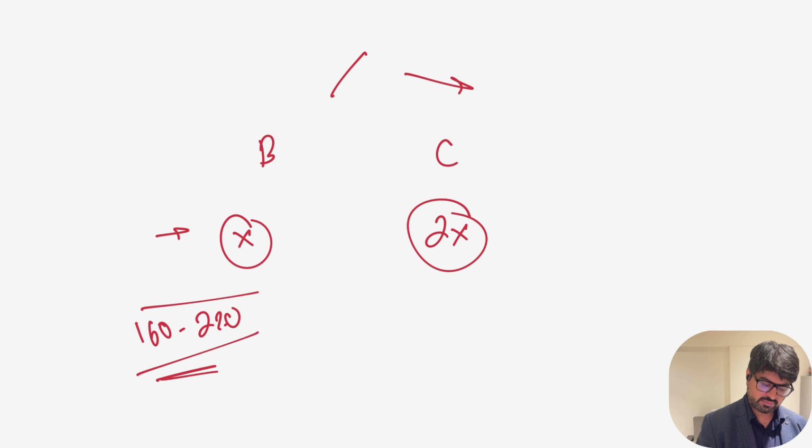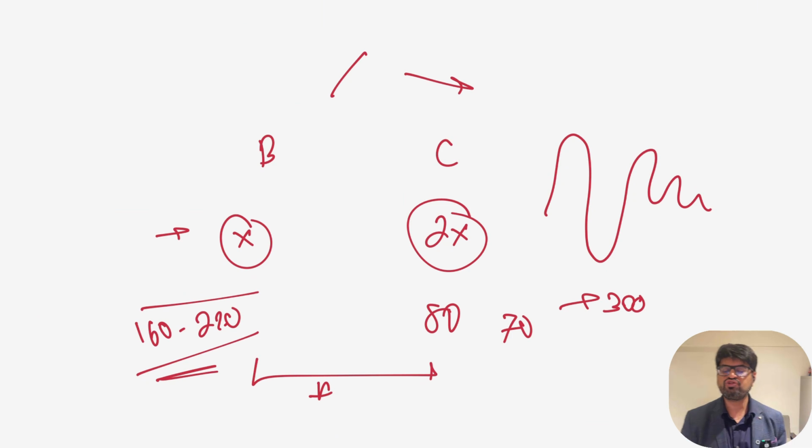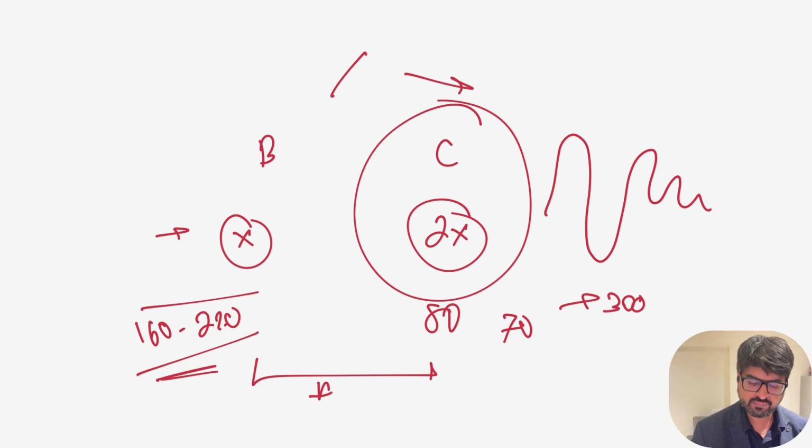But in patient C, sometimes the blood sugar is 80, sometimes it is 70, and sometimes it is 300. So all in all, the average and the HbA1c remain the same in both patients. But in this patient, the blood sugars are often wildly fluctuating. And because of this wild fluctuation of blood sugar, patient C is more likely to have micro as well as macrovascular complications.